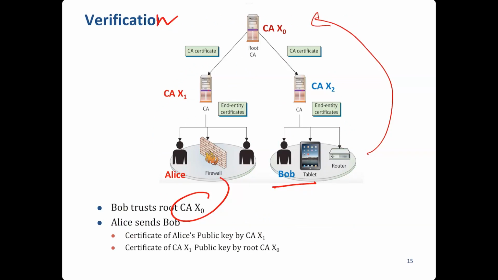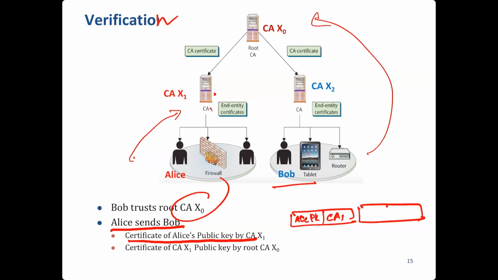So Alice sends to Bob the certificate of her own public key that she has generated, certified by CA1, and then CA1's public key is certified by the root CA, CA0.